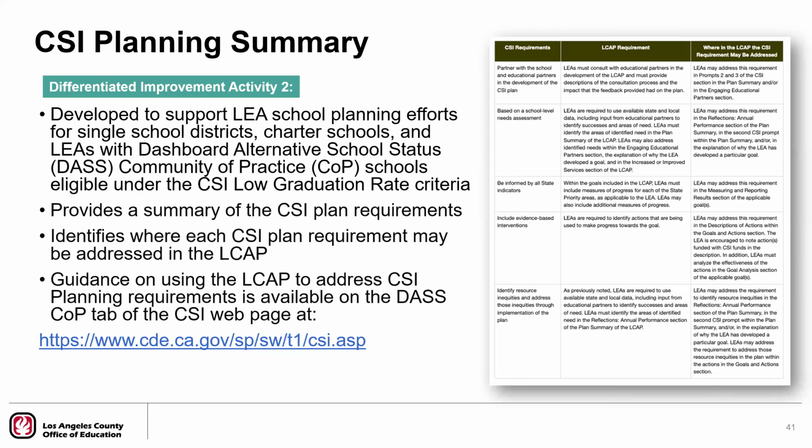For example, for the first CSI planning requirement, the LEA may describe how it partnered with educational partners in the development of the CSI plan in prompts 2 and 3 of the CSI section in the plan summary, or in the engaging educational partners section. You can access the CSI planning summary resource on the CDE website at the link provided.